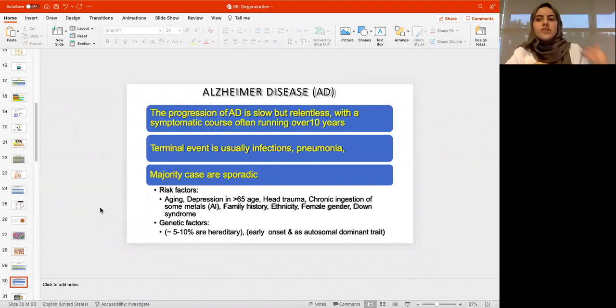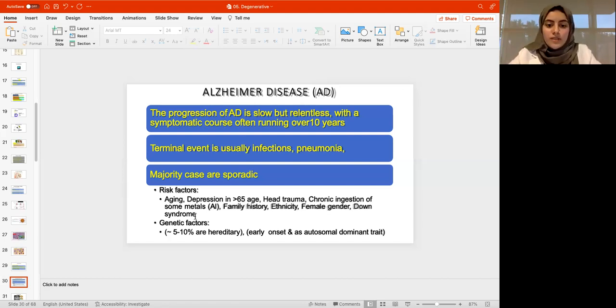Others are actually slow and relentless, they take their time. Alzheimer's disease is one of those. It's very slow, but it's progressive. It happens over a couple of years, and they can stay in this condition for more than 10 years. Usually the reason they end up dying is pneumonia or infections, because of the prolonged hospital stay or something like that. Okay.